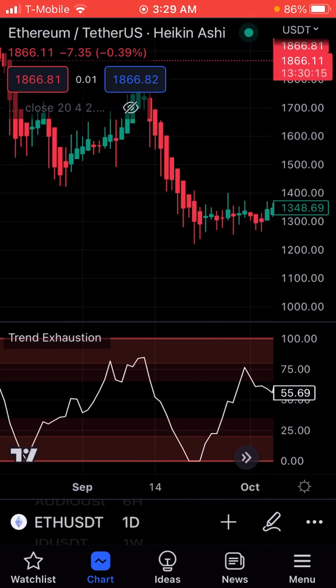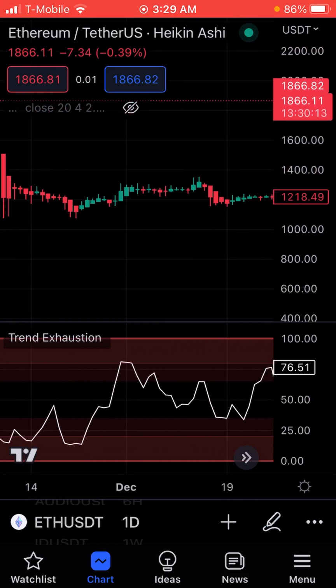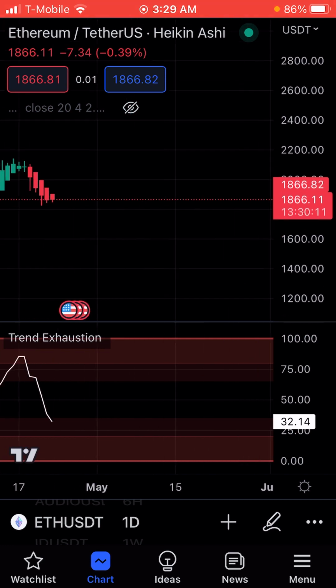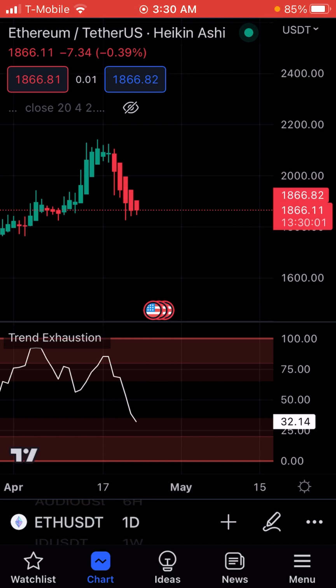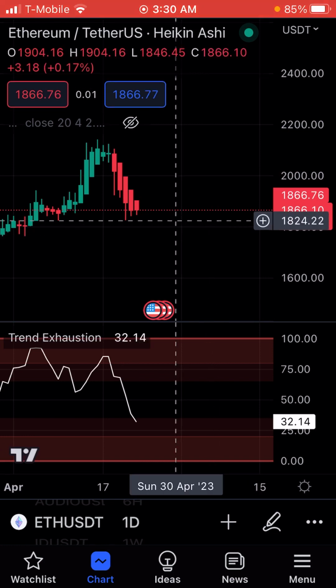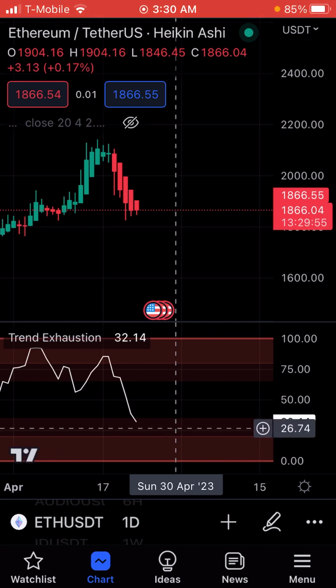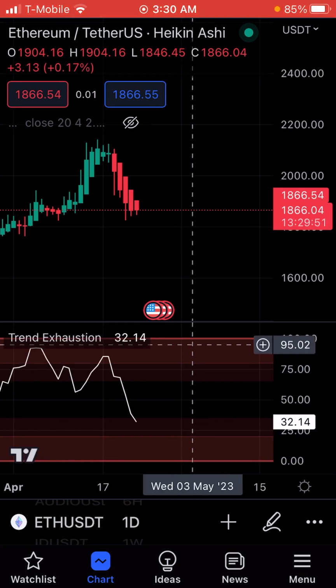Now, what I do in this scenario, and I'll probably leave it at this, is the first thing I do is I use the trend exhaustion paid indicator, not affiliated with it. Links will be below if you want to get it. I wait on the trend exhaustion on the day, and I wait for the line to be either way down here in the bottom or way up here at the top.